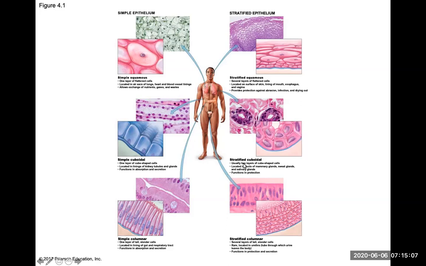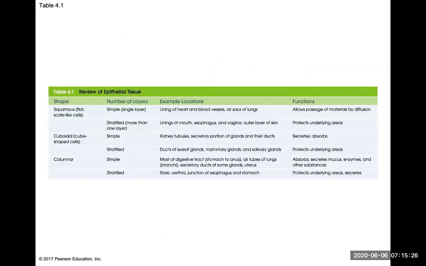Stratified cuboidal is 2 layers of cube-shaped cells found in some mammary glands and sweat glands. They function in protection. And simple cuboidal is 1 layer of cube-shaped cells. These are located in the linings of your kidney tubules, and they function in absorption and secretion. So here's a review of epithelial tissue and examples of where they're located and also their function.